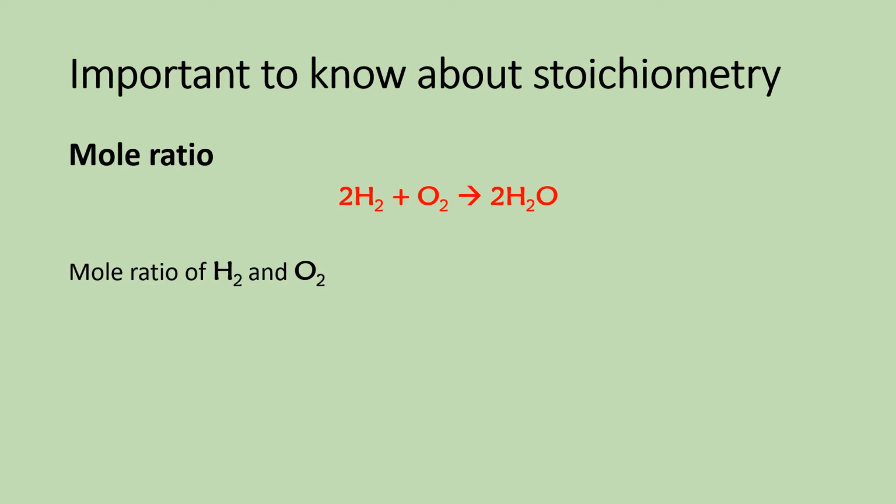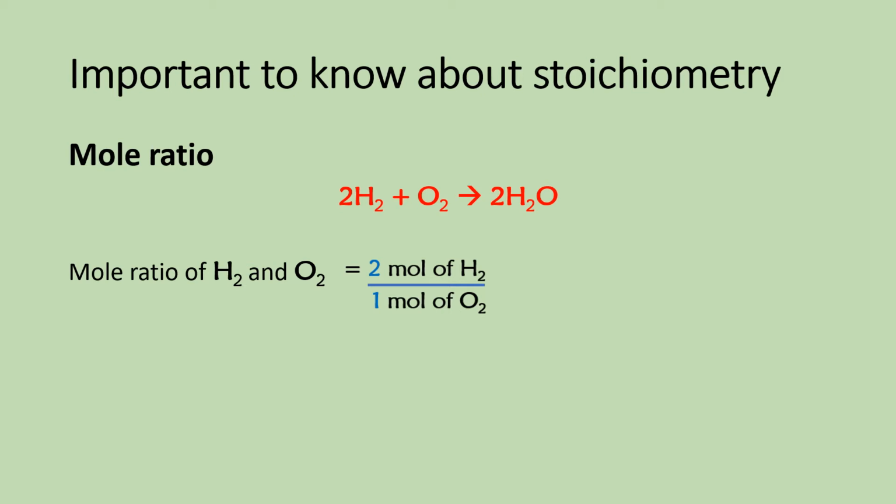Let's start by looking at the mole ratio of hydrogen gas and oxygen gas, which means how many moles of hydrogen gas are reacting with how many moles of oxygen gas, and that is basically the mole ratio. If you look at the equation, you'll notice that we have 2 moles of hydrogen that are reacting with 1 mole of oxygen. So that is the mole ratio.